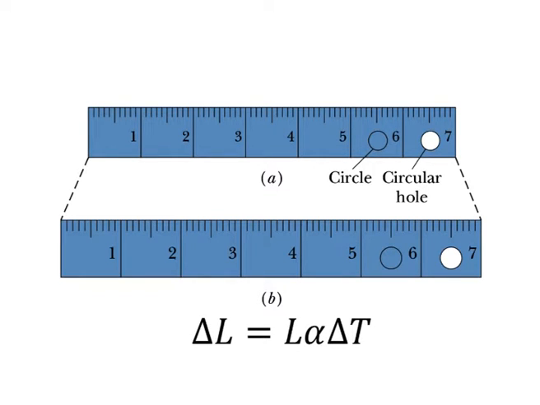The equation delta L equals L alpha delta T applies to every linear dimension of the ruler, including its edge, thickness, diagonals, and the diameter of the circle etched on it and the circular hole cut in it. If the disc cut from that hole originally fits comfortably in the hole, it will continue to fit comfortably if it undergoes the same temperature increase as the ruler.